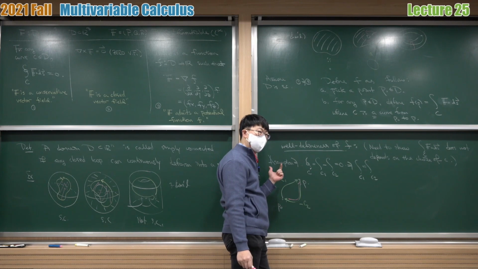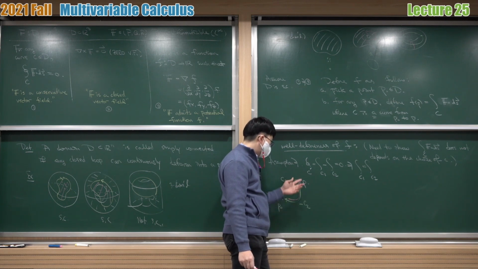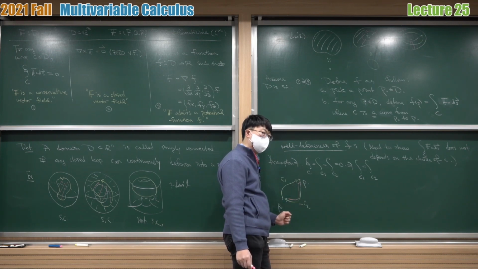Okay? So the assumption says if I pick any loop that contains P0 and P, and I split it in half, and if I pick this path or that path, it's always the same.